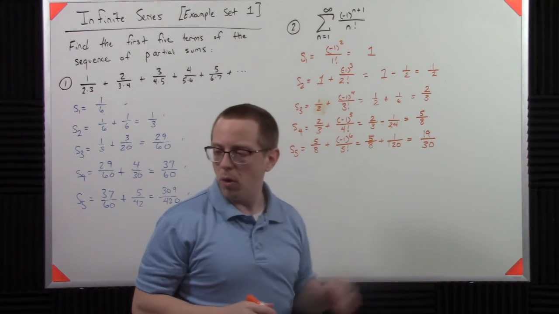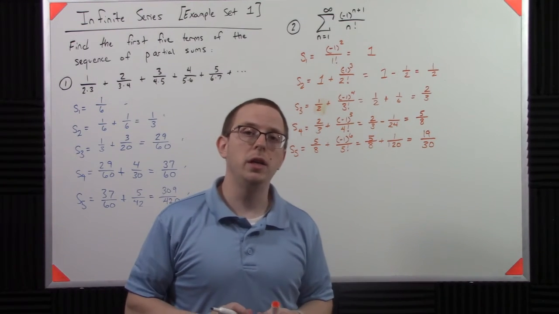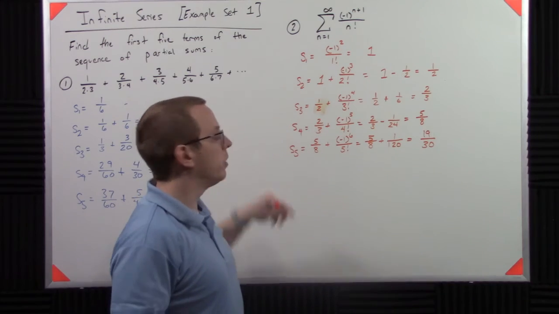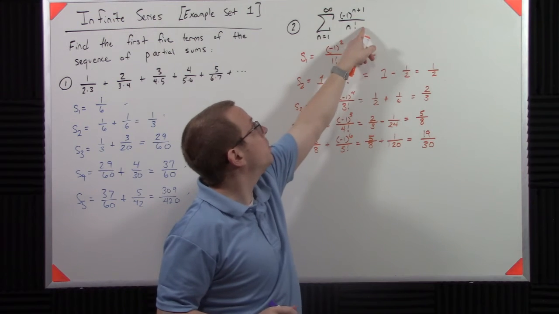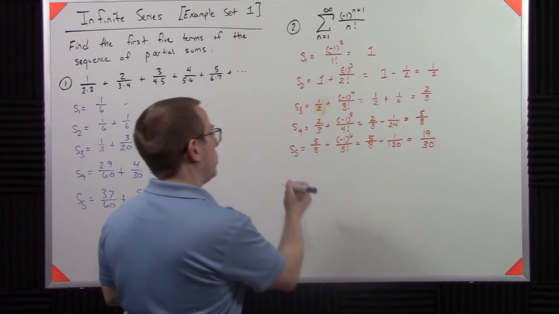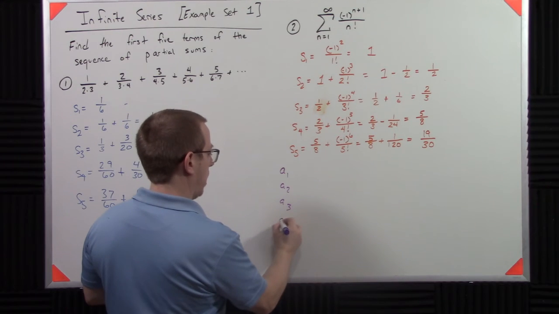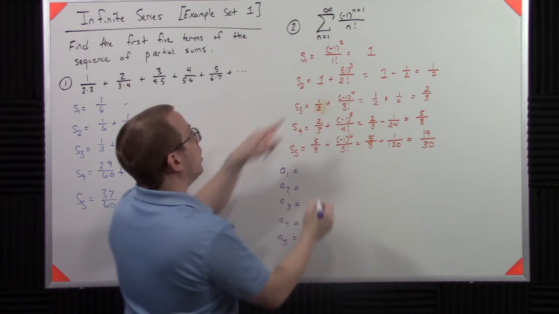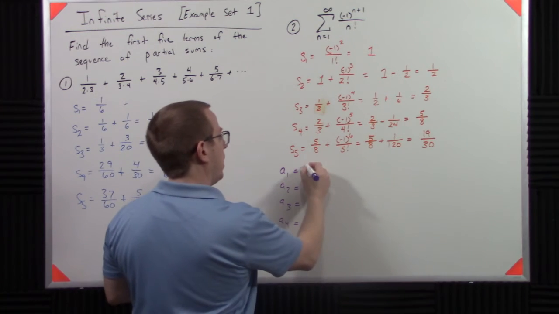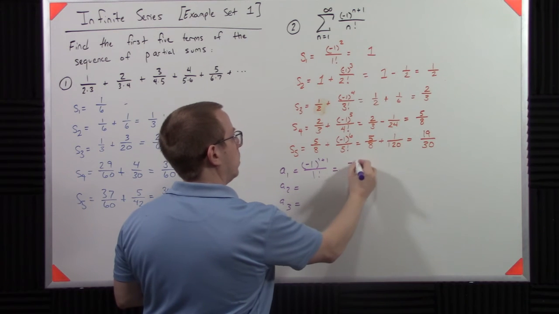Now, I do want to point out one other thing. What we could have done, and arguably what we should have done, is instead of doing all this in one fell swoop, let's generate the terms of the sequence here, and then we'll add them. So I could have done A1, A2, A3, A4, A5. And following this pattern, I would have got negative 1 to the 1 plus 1 over 1 factorial.